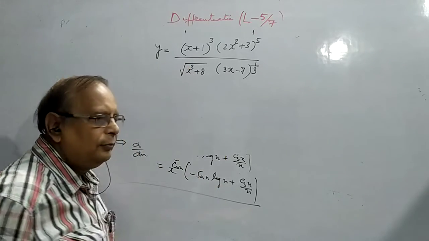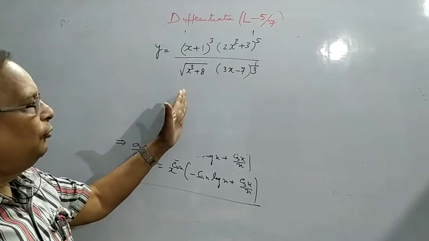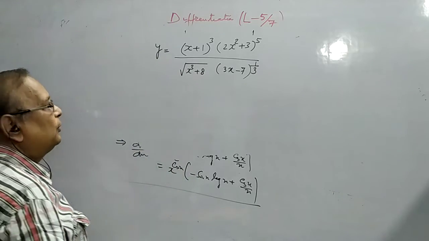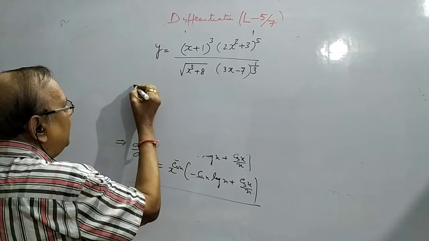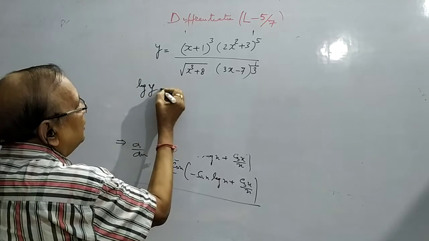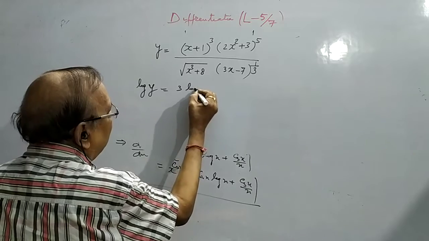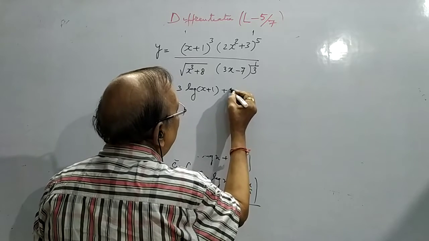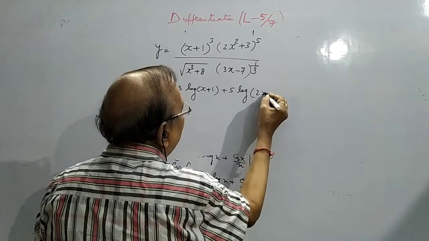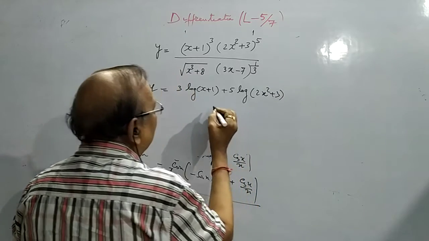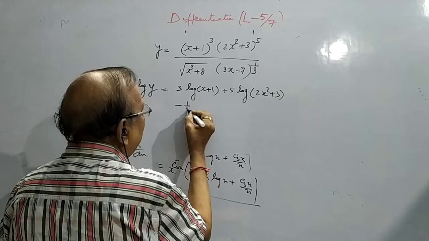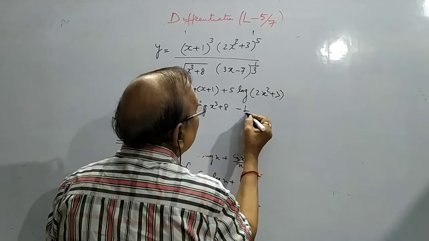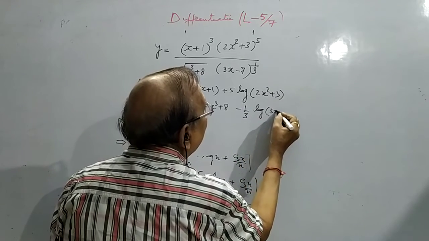If any question is given in product form or exponent form of different expressions, we may take log of both sides, that is log y is equal to 3 log x plus 1 plus 5 times log 2x square plus 3 minus 1 by 2 log x cube plus 8 minus 1 by 3 log 3x minus 7.